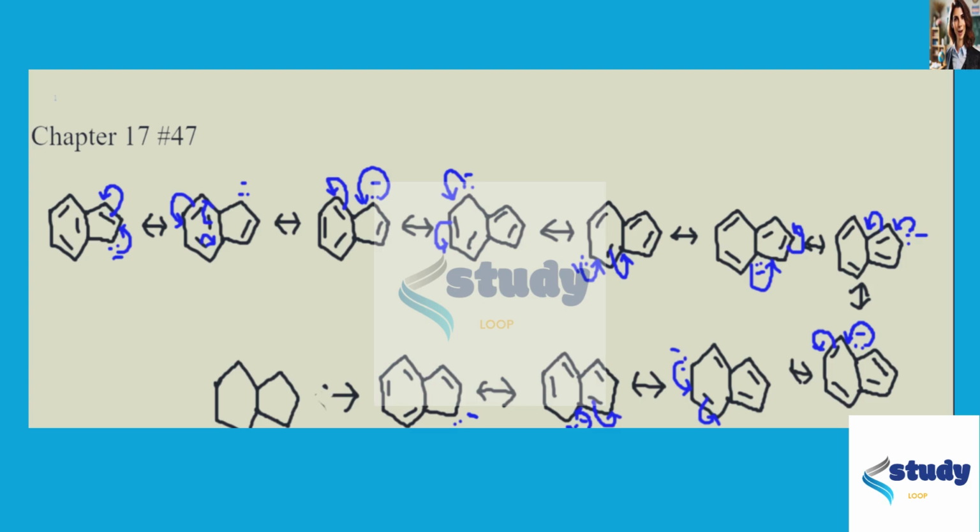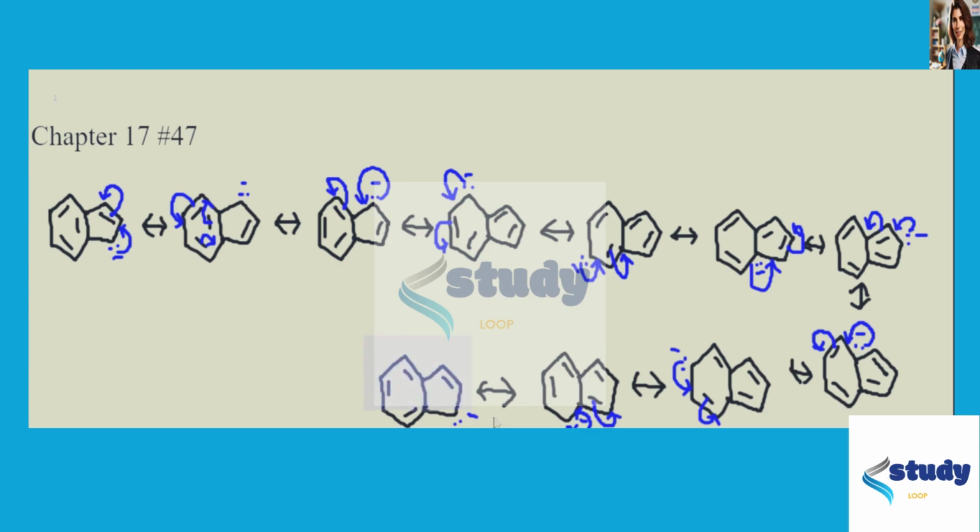And so actually we can get rid of this last structure. I drew out one too many ahead of time in an effort to save time, and it has backfired nicely. So these are the 11 resonance structures that we can draw.